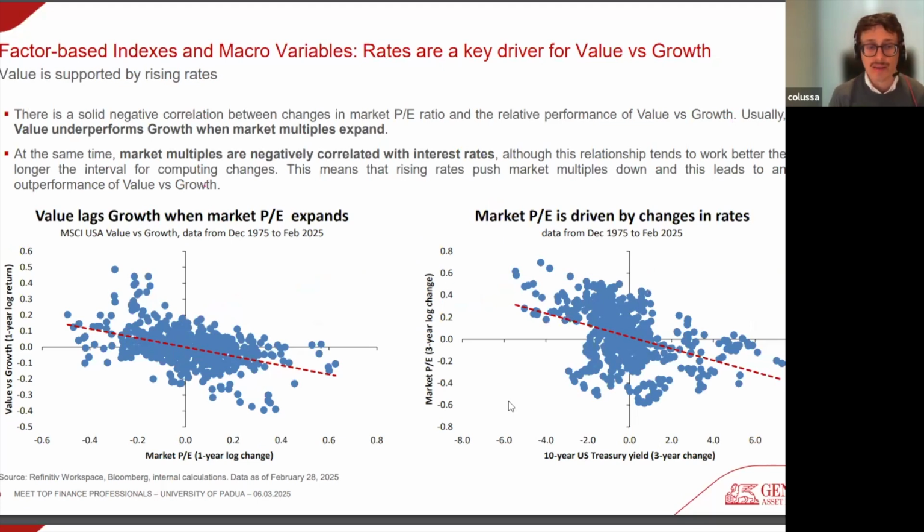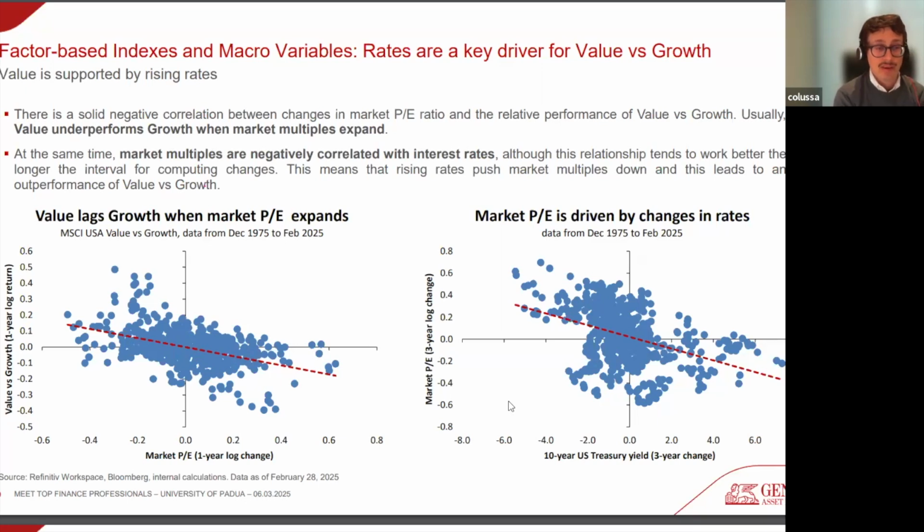We need to have a rule to understand which is the right moment to increase exposure to one factor compared to the other. For example, looking at value versus growth, which is indeed quite the most important one, as we saw because of these very prolonged cycles.